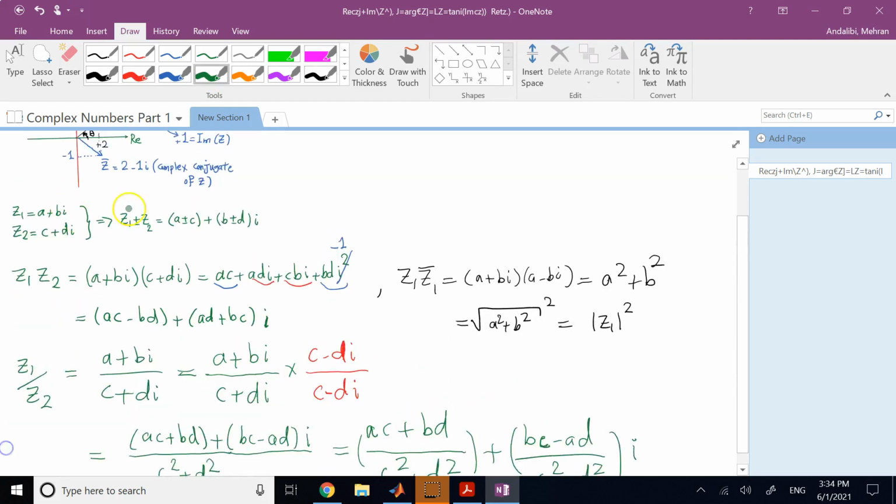This is how you add or subtract. This is how you multiply. And this is the result of the product of a complex number by its conjugate, which is simply a real number.